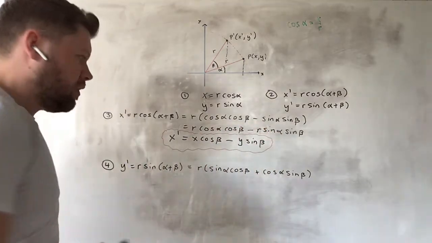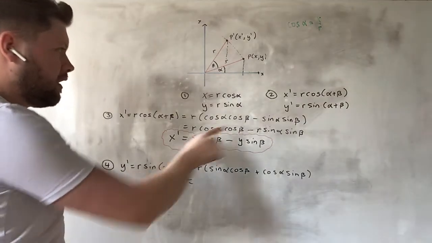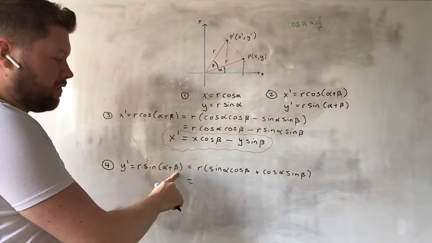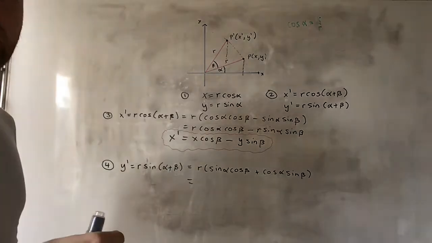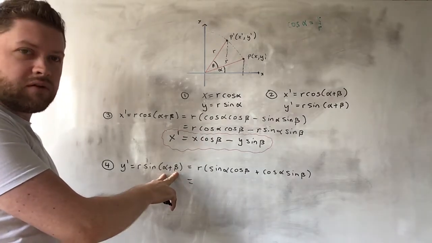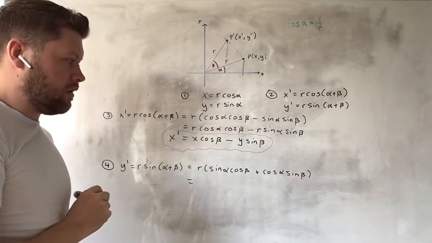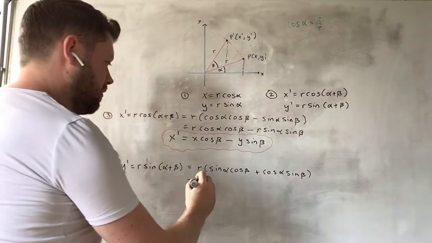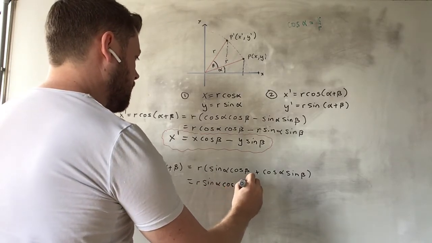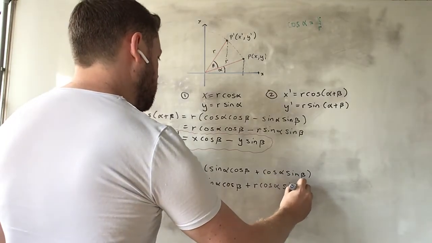Good. We can also do the same thing for this one. So if you take our y dash coordinate here, it's equal to r sine alpha plus beta. But for the same reason, there's a trigonometric identity that will allow us to take the sum of angles and turn it into this identity here. Okay. So again, if you multiply it out, r sine alpha cosine beta plus r cosine alpha sine beta.